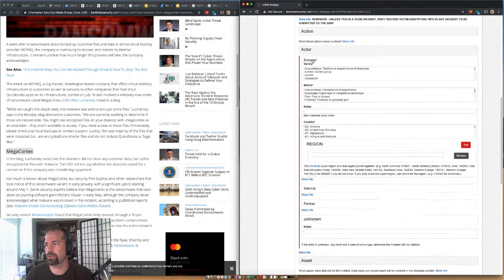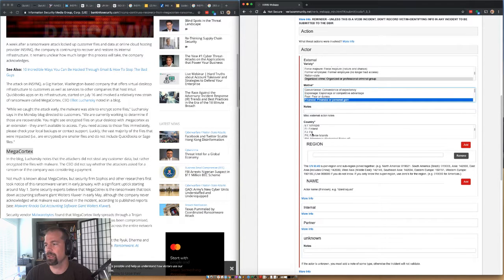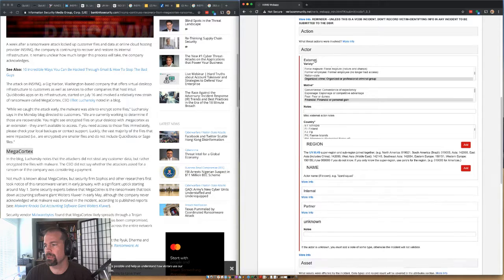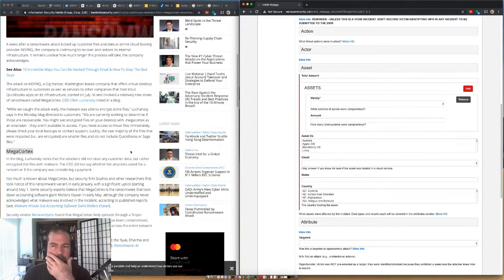The actor is clearly external. If you're writing advanced malware, you are organized and have a financial motive. We don't know the country, don't know the region. The asset. Do we really know the assets here?